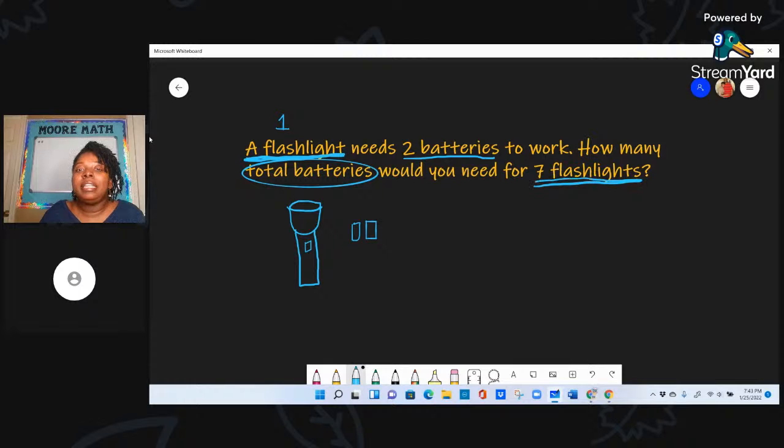So if 1 takes 2 batteries, how many are we going to have in all for 7 flashlights? 14. How did you do it? 7 times 2. Good. Because you realize that if 1 took 2, then 7 is going to need 7 times 2, and 7 times 2 is 14. Excellent job. So you're going to need 14 batteries.